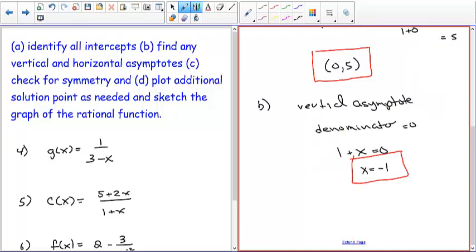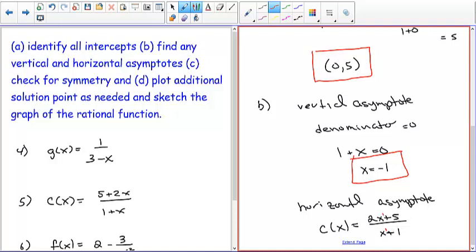Then you have your horizontal asymptotes. And there you use the rules. So I'm going to, again, switch the order. C of x equals 2x plus 5 divided by x plus 1. So the order of the highest order term is 1. They're both 1.